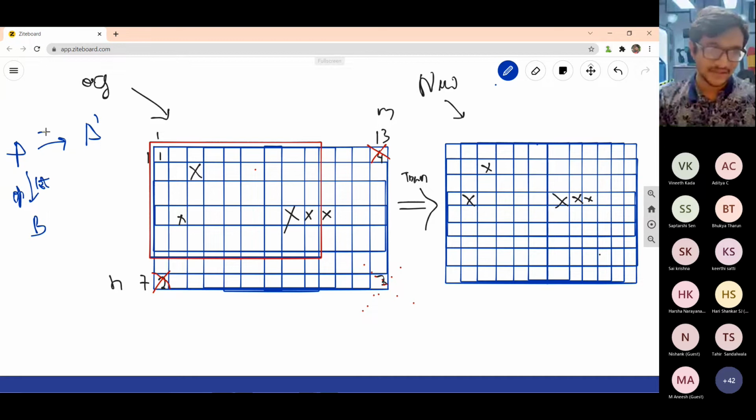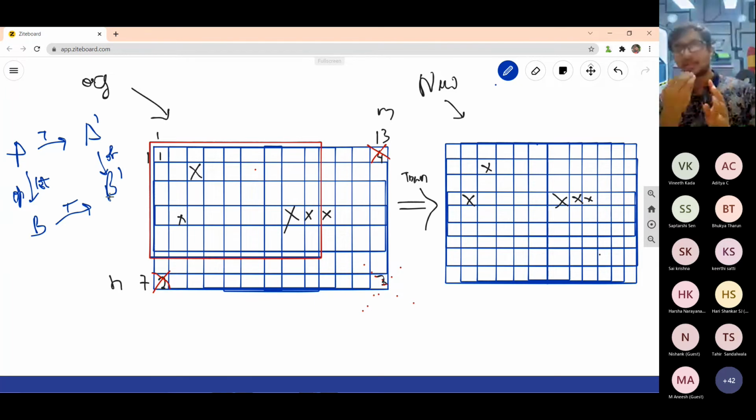But we want to apply this transformation in such a way that if we transform B into B prime, which is eventually like applying the operation on A prime, then A prime and B prime have a much smaller difference in the number of cells which get flipped. So this is, more or less, what I want to say. I know it might not be very intuitive. If you don't get it, it's fine as well. But if you get it, you would have some idea of what we want to do.